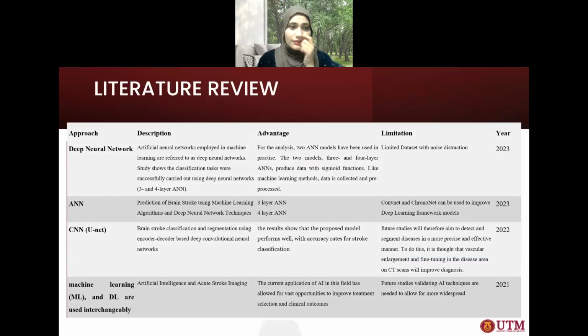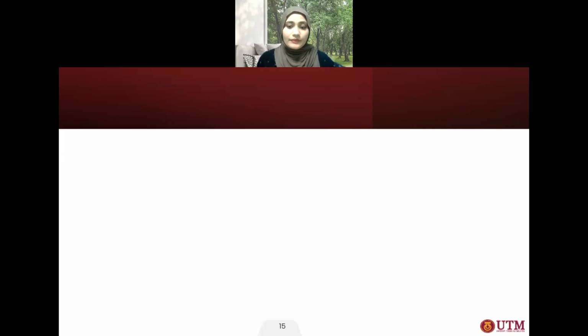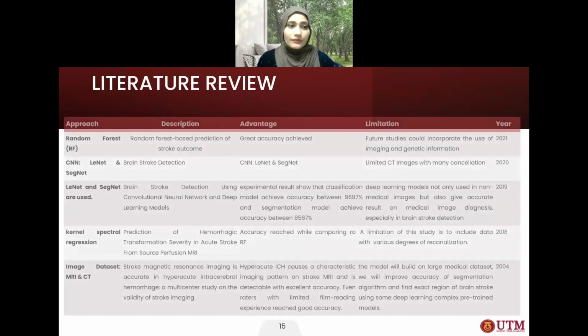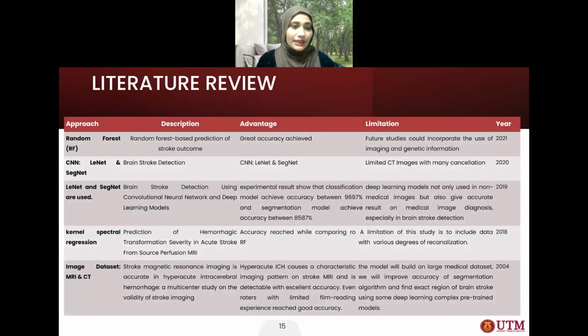So this is the literature review that has been done during PSM1. There are many diseases which use DNN, ANN, CNN, UNet, and machine learning and deep learning. And also LANET, SegNet, kernel spectral image.